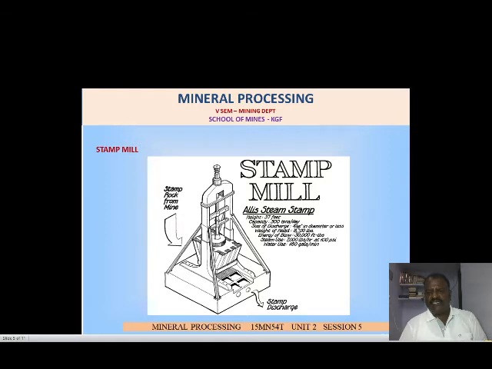Size of discharge is 3 by 16 inches. Very small. This is equivalent to fine size. Weight is 8,000 pounds. Energy of blow is 30,000 foot pounds. Water use is 160 gallons per minute.